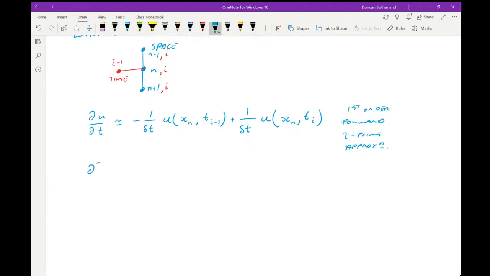Now for the other derivative, we've got to approximate a second order derivative. And we worked this one out around 3 o'clock or earlier today. We worked this out as 1 on delta x squared. You can, of course, always just go to Wikipedia and look these up. n minus 1, 2 on delta.